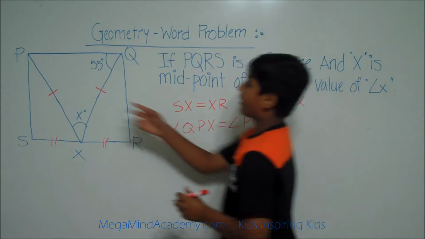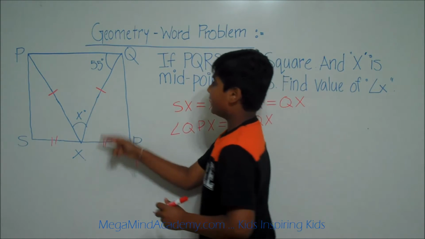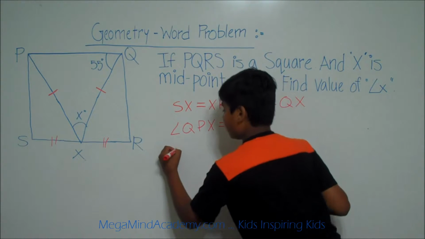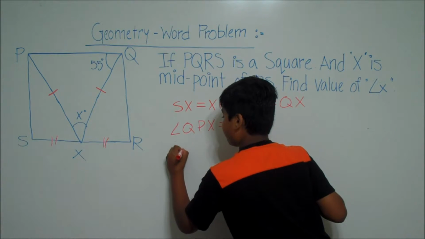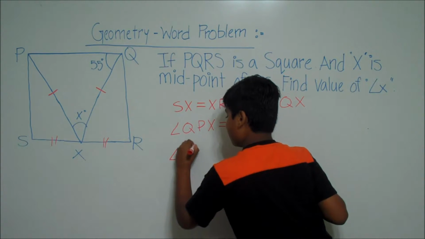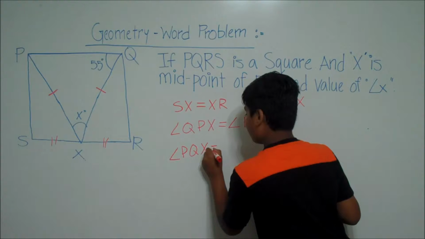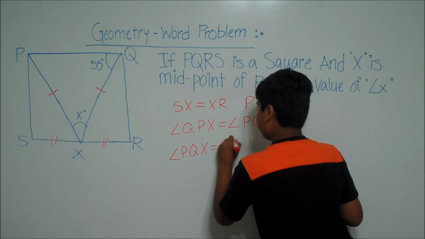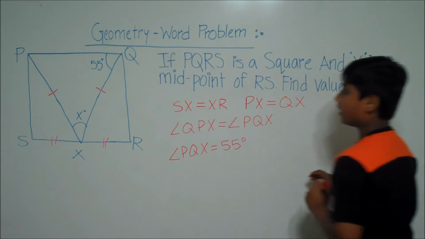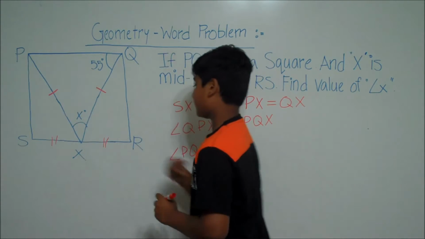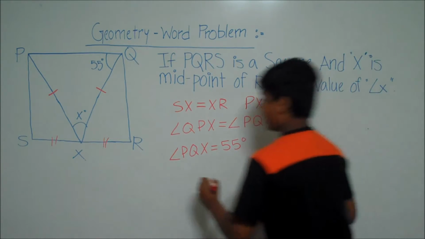We know that angle PQX is 55 degrees. So angle PQX is equal to 55 degrees. So that means that angle QPX is also 55 degrees.